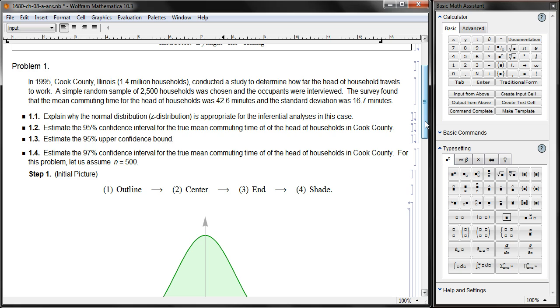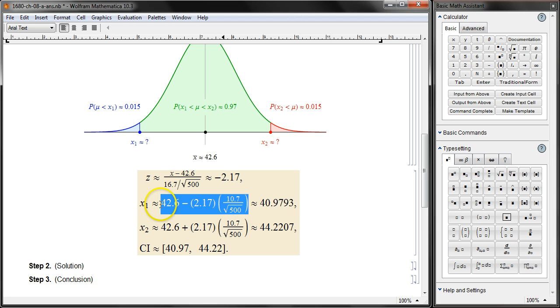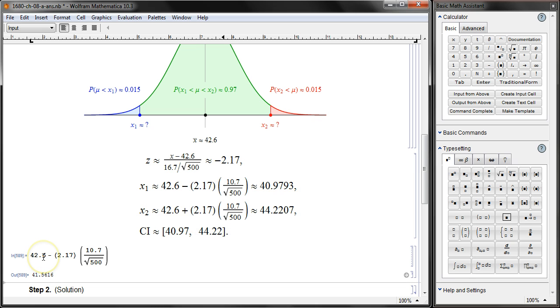One more thing you can consider is changing the standard deviation. If you change standard deviation 16.7 into something different, like for example, change this into say 10.7, how do you think will these numbers change? It'll get, this will get smaller.